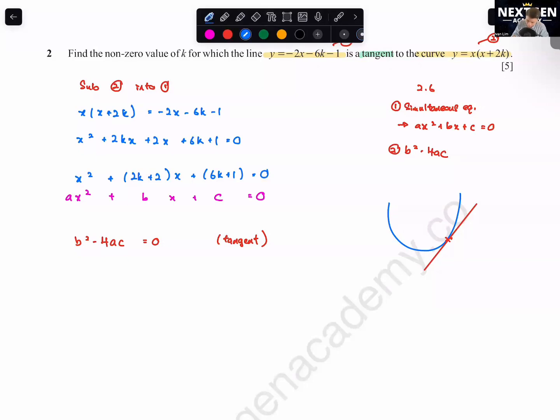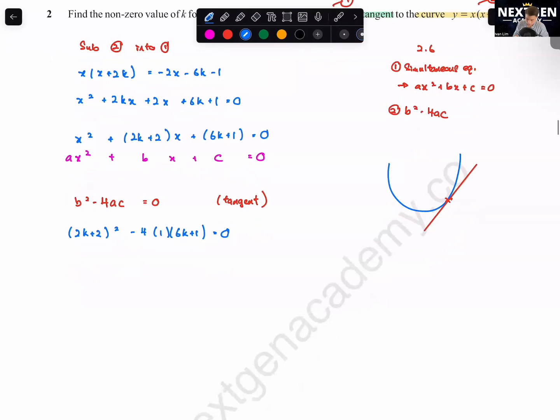We substitute into the equation here. 2k plus 2 squared minus 4ac equals 0. 2k plus 2 squared, let's open up the bracket. 4k square plus 8k plus 4 minus 24k minus 4 equals 0.